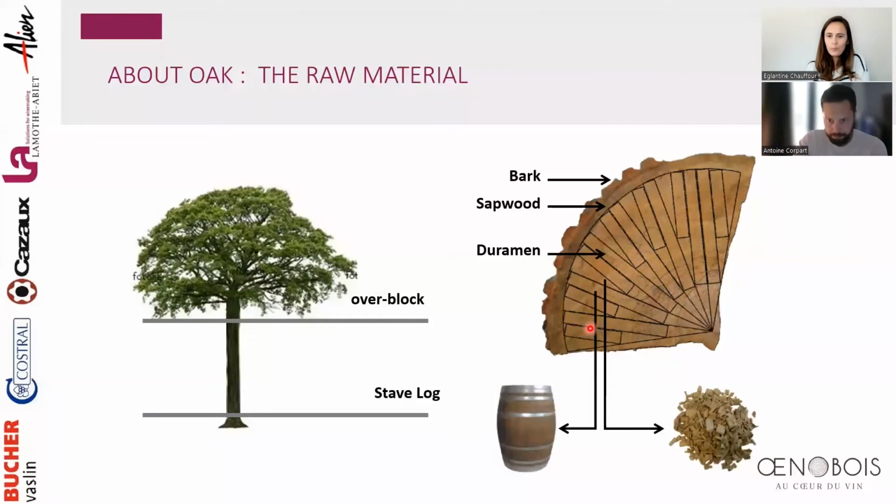To produce a barrel, we use the stave part that you can see here. And when we work with alternative oak, we use the scrap wood between the barrel staves. It's a good thing for us to work with alternative oak because there is no waste of wood. But it's really important to know that we are working with the same oak quality.